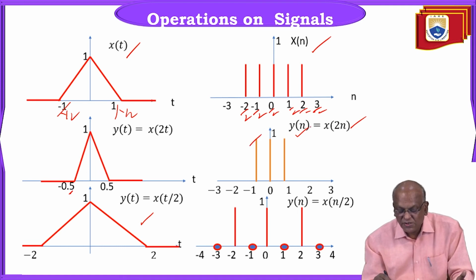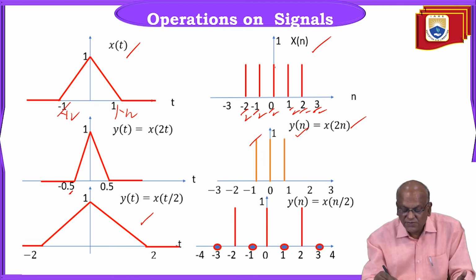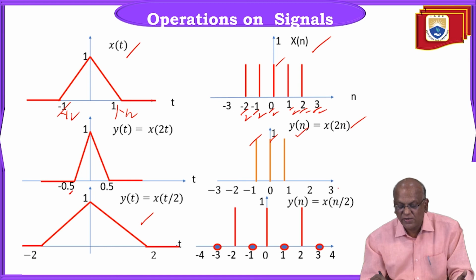Performing for x of 0, y of 0 equal to x of 0, it is also 1. y of 1 equal to x of 2, and x of 2 value equal to 1, so it is a 1 value. Now sir, the remaining sample values become 0.